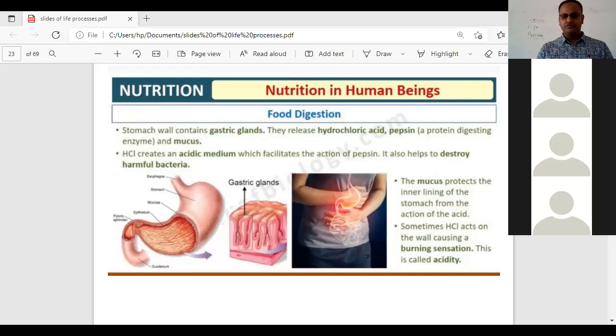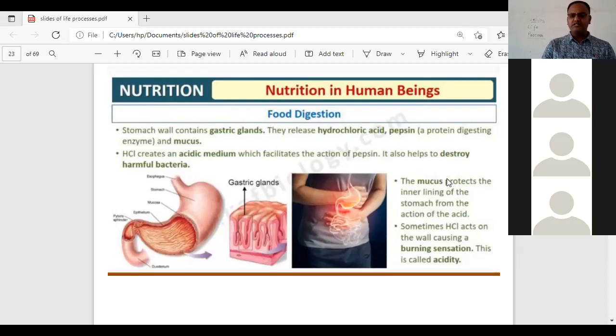What is the function of mucus? Okay, Vivek, unmute yourself. You got muted again. The mucus protects the inner lining of the stomach from the action of the acid. Okay. Well, Vivek, very good.